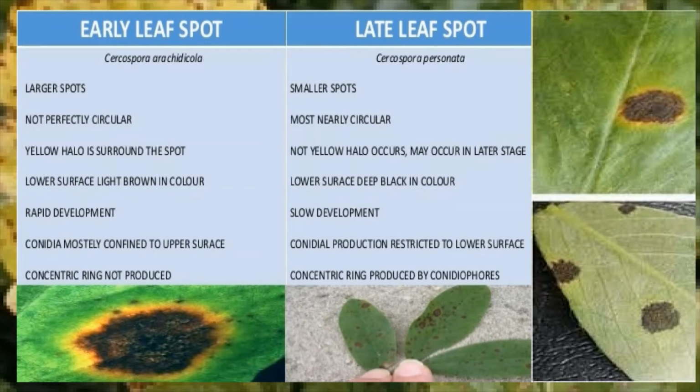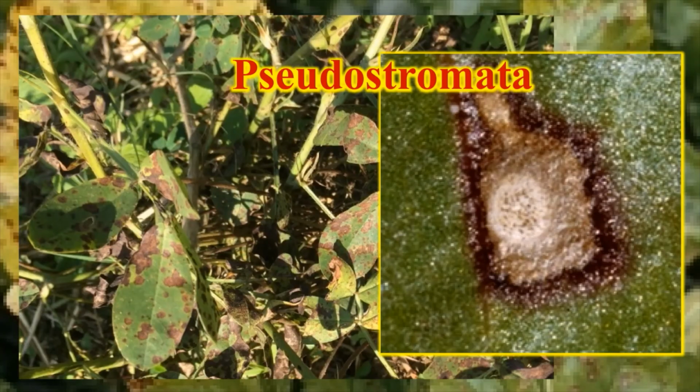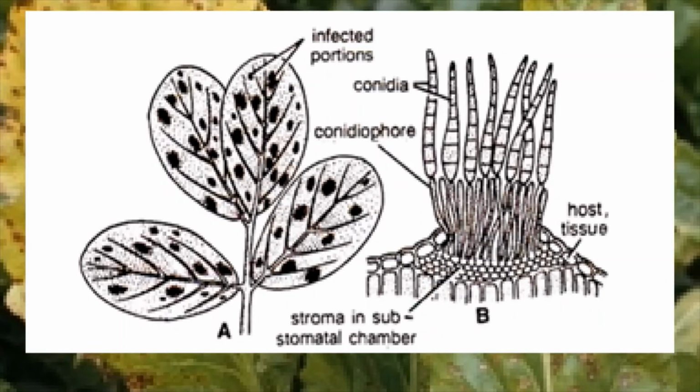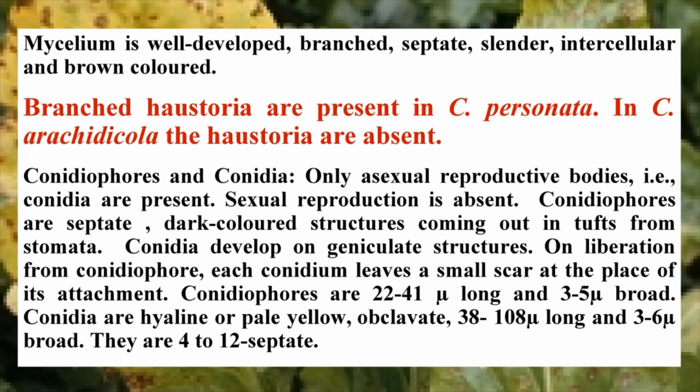There are other differences also you can see. This is the pseudostromata, a close-up of each leaf spot where you can see the conidiophores in which the conidia are produced. The mycelium is well developed. Branched haustoria are produced in Cercospora personata, whereas in Cercospora arachidicola, the haustoria are absent.